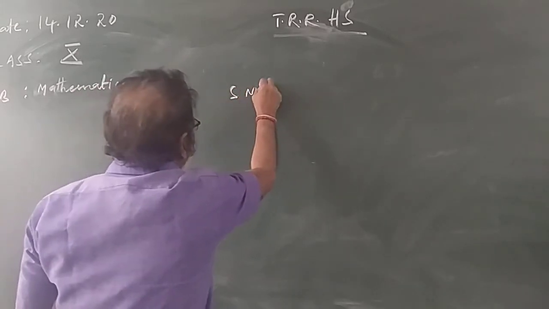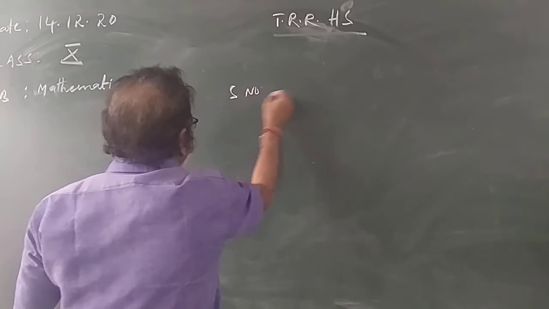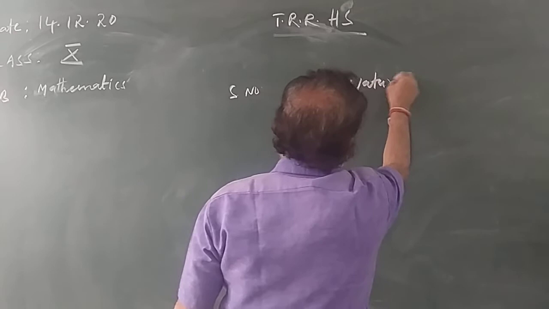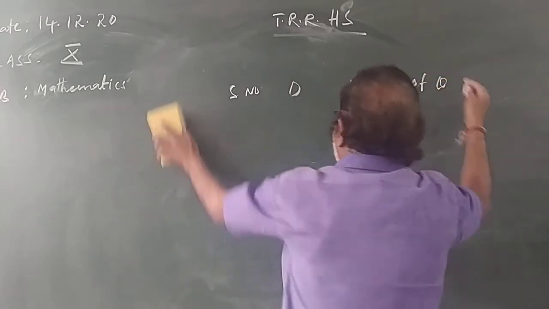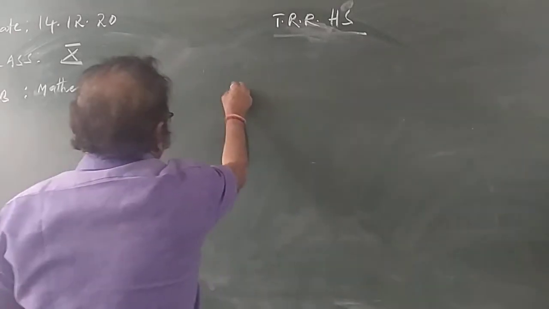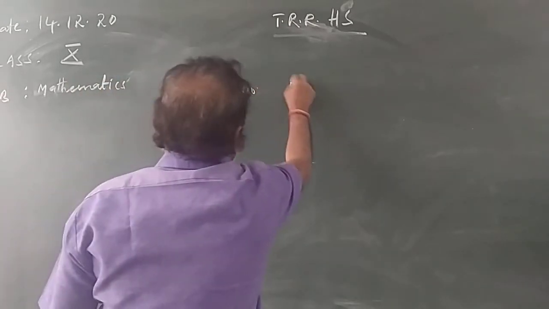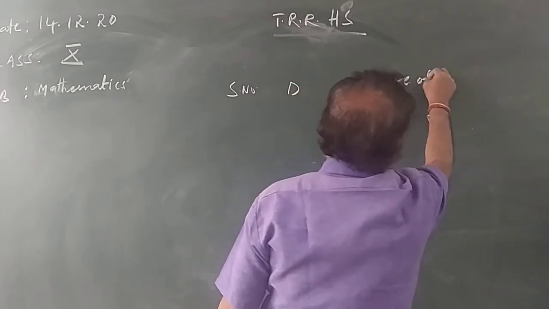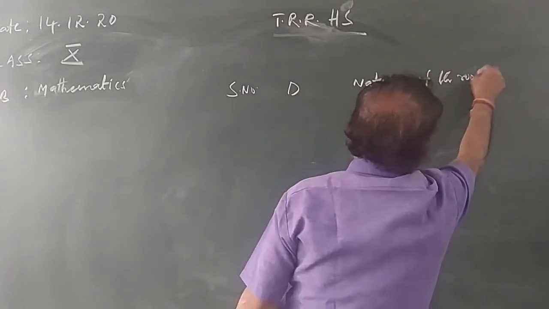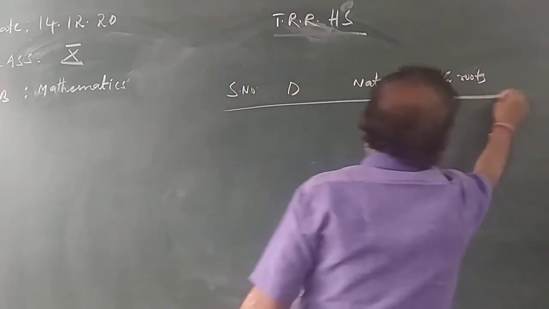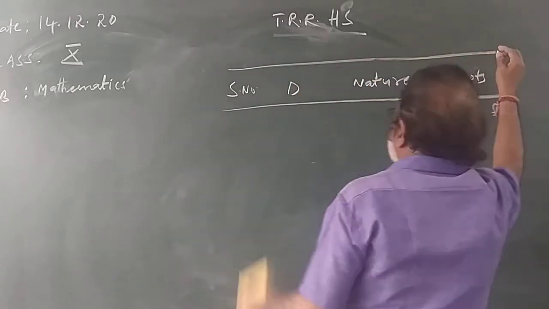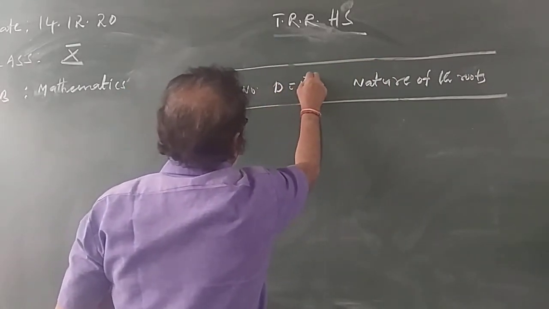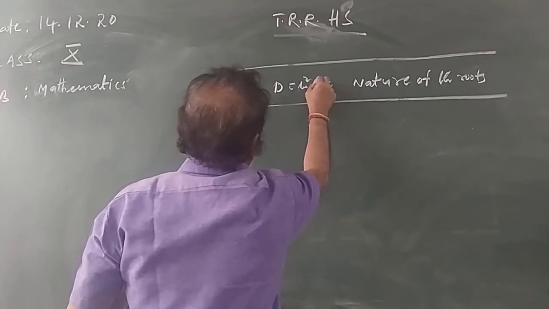Serial number, discriminant, nature of the roots. What is D? We know that D is b square minus 4ac.